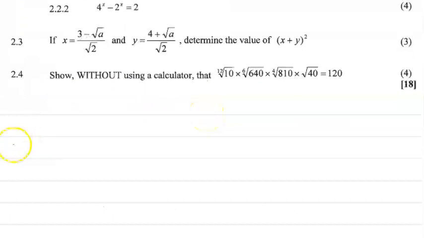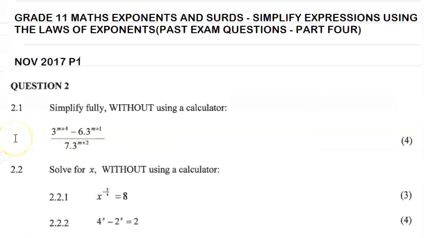So for 2.1, I'm going to write it as follows. If you look here, we have 3 to the m and 3 to the m there, so we can remove that as a common factor.